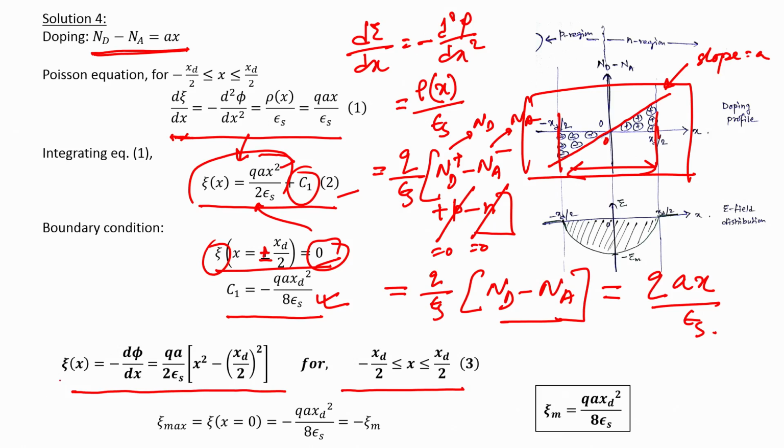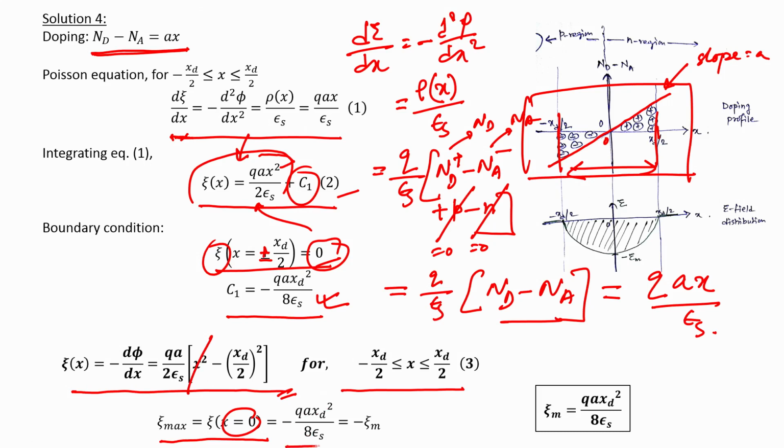So from this electric field expression we can find the maximum electric field. That maximum electric field will be exactly at the junction. So the maximum electric field will be when x equal to 0. Just plug in x equal to 0 here, so this term will be cancelled. So this expression will be minus qA xd square by 8 epsilon s.